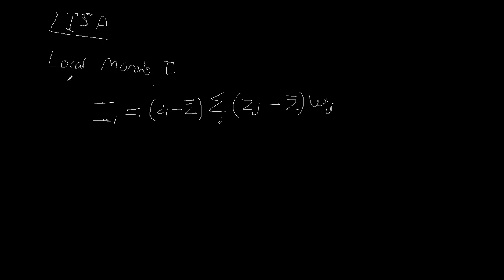All right, so this right here is the local Moran's I equation. And if you don't believe me when I say this, you can go back to the previous videos on global Moran's I, and you'll see that this is just a small portion of the global Moran's I equation, where we were essentially summing up the local Moran's I's to get that global Moran's I.